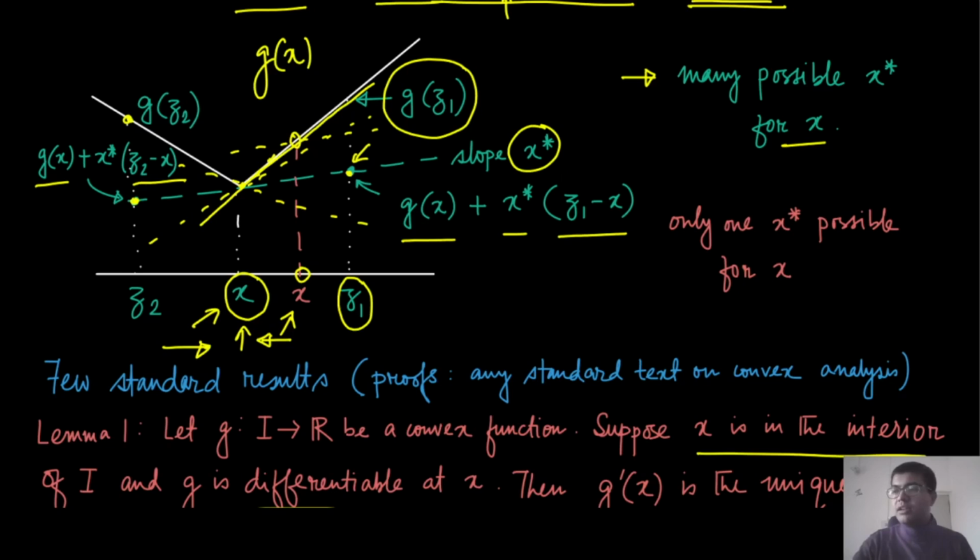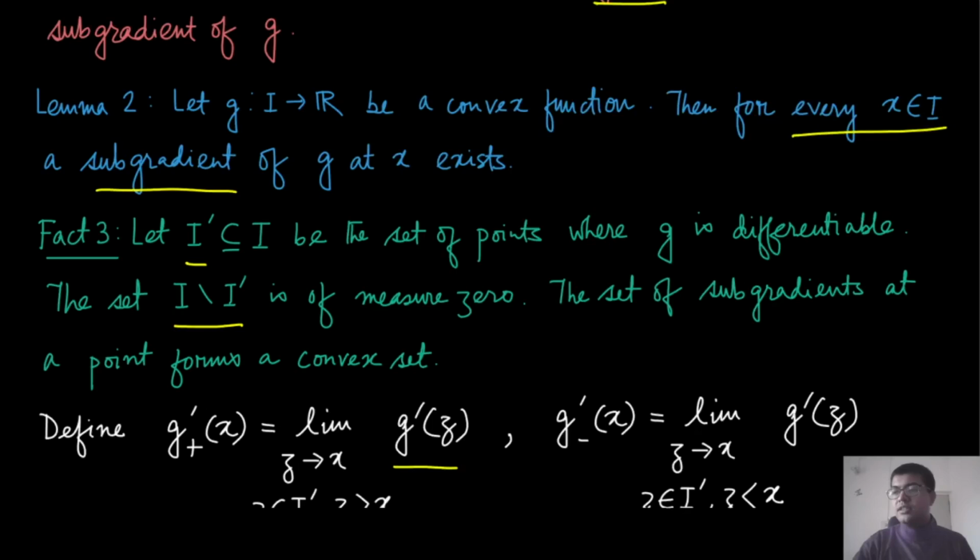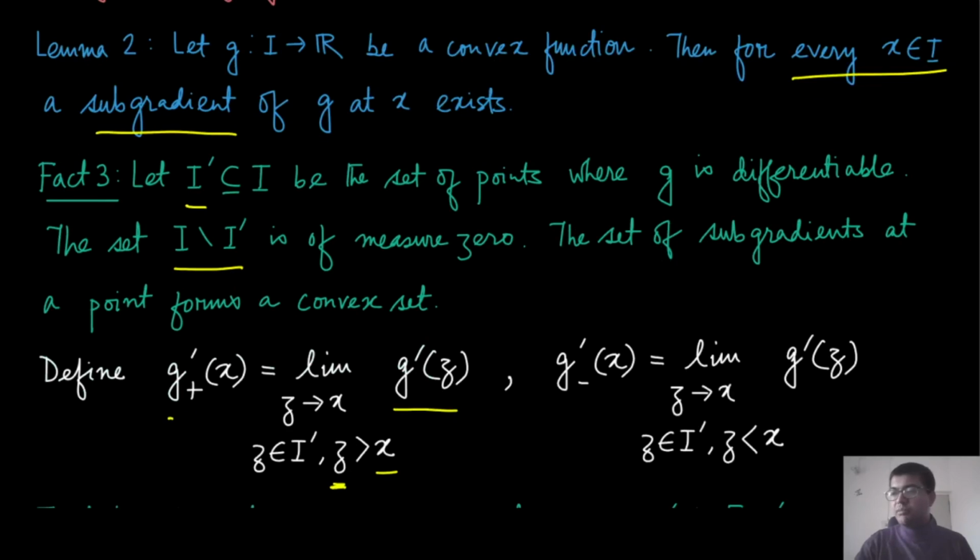Similarly, we can do the same thing and find these two different numbers, which are the limits of those derivatives when you approach x from the right and when you approach x from the left. We denote those with g plus prime of x and g minus prime of x.